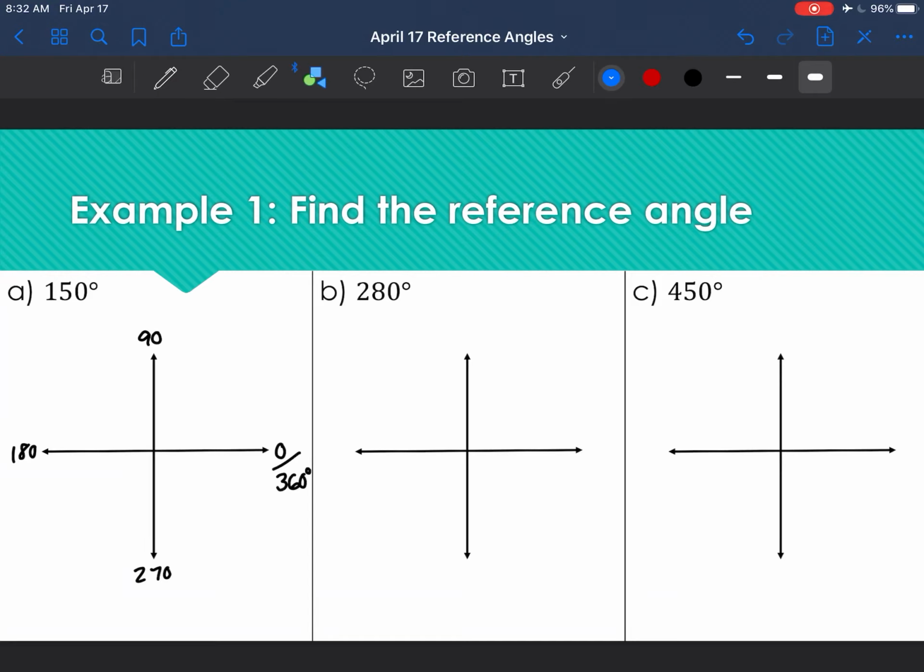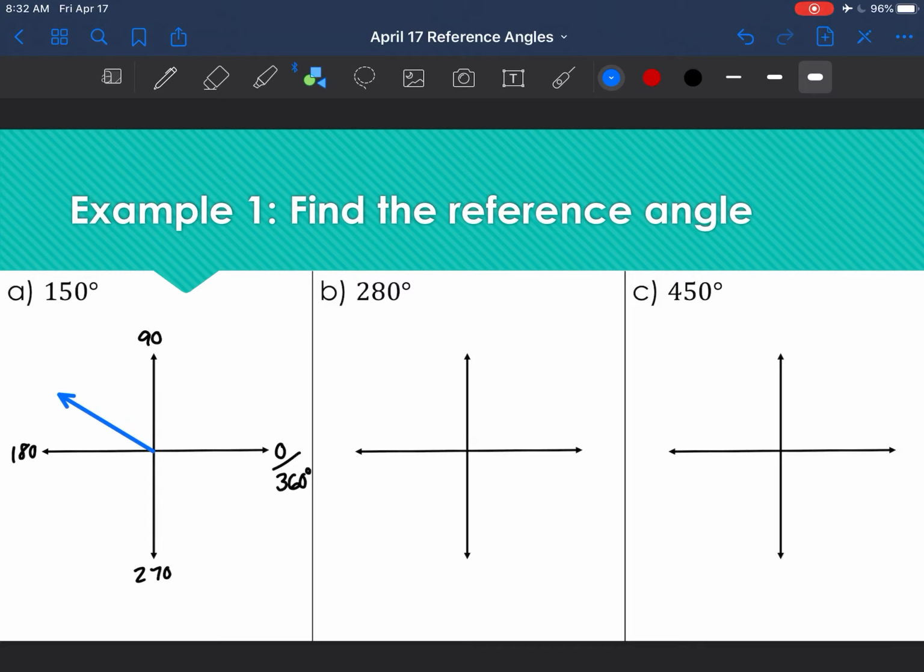So figuring out where the 150 degrees is going to fall, it's going to be between the 90 and 180. Which one is it going to be closer to? Well, 150 degrees is closer to the 180. So when you draw your angle, make sure that it's somewhat closer to the 180. So there's a 150 degree angle.